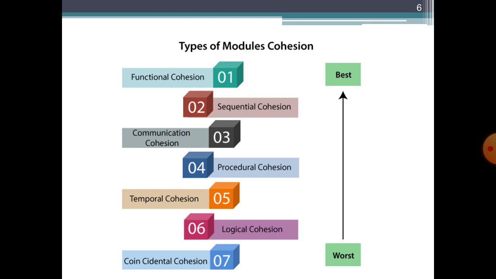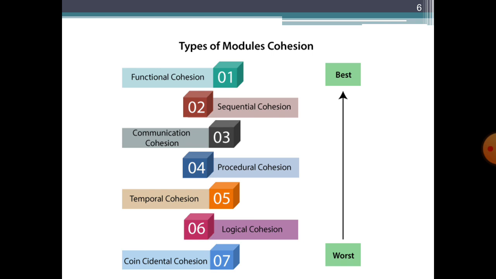Functional cohesion, sequential cohesion, communication cohesion, procedural, temporal, logical, and coincidental cohesion. If your cohesion is more toward coincidental cohesion, it is the worst. If it is more towards functional cohesion, it is the best.